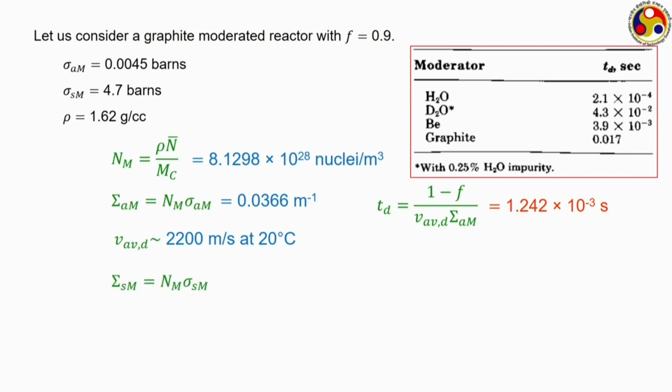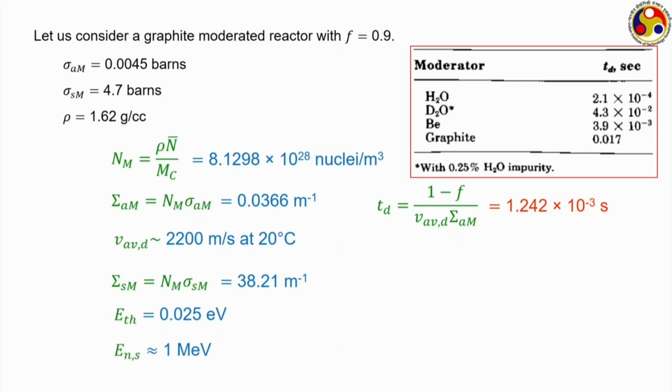Now, you go to the scattering part. Similar to the absorption, you can also calculate the macroscopic scattering cross section, which is something like 32.21 per meter, definitely much larger compared to the absorption process. And the energy for a thermal neutron is 0.025 electron volt.